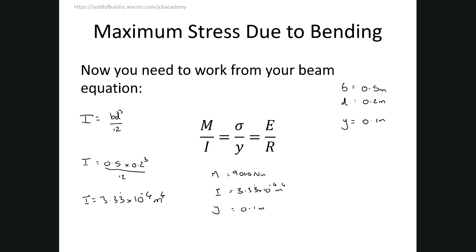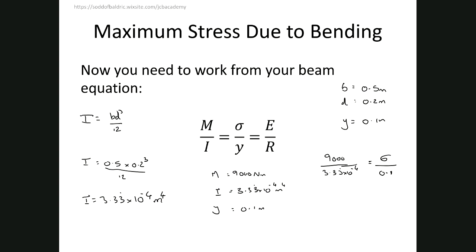We plug all of that in, and we get 9,000 divided by 3.33 recurring times 10 to the minus 4 is equal to the maximum bending stress, which we don't know, divided by 0.1.